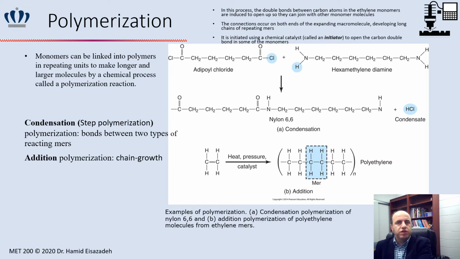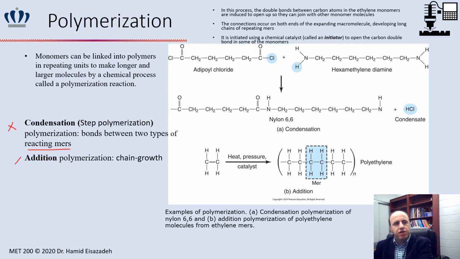The production of a given polymer is generally associated with one method or the other. Here are the two methods we have. One is called condensation. Step polymerization is another name of this technique, where the bond is going to be between two types of reactants, so the mers are not similar.